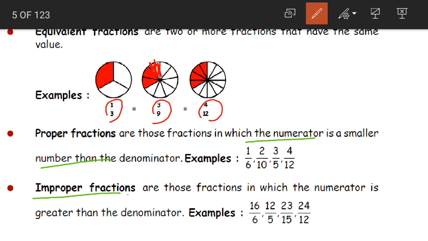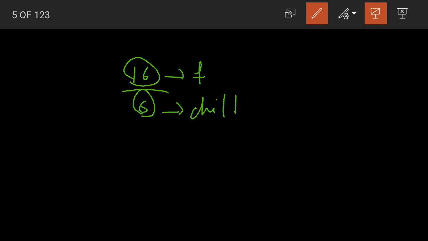Now coming to improper fractions. Improper fractions are those in which the numerator is greater than the denominator. Examples: 16 by 6, 12 by 5, 23 by 15, 24 by 12 and so on. In 16 by 6, 16 is the bigger number, so it is the father. 6 is the smaller number, so it is the child.